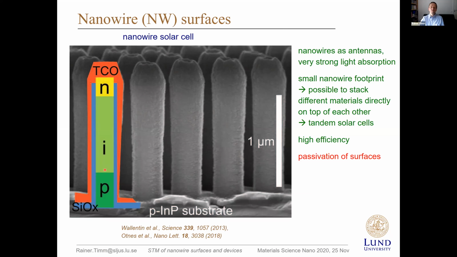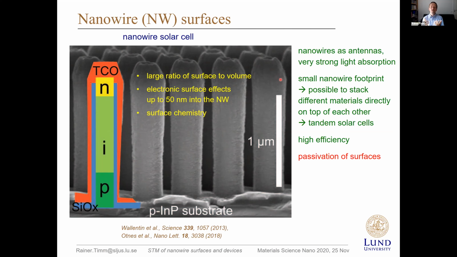So this motivates why surface characterization of such structures is relevant, especially since these nanostructures have a very large ratio of surface to volume. And also, what are effects at the surface? If you think of electronic effects such as band bending, they can penetrate easily something like 50 nanometers into the material.